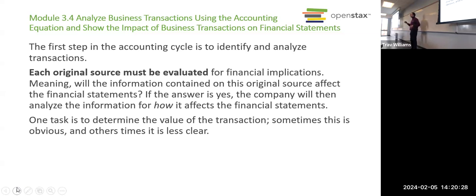So in that case, you have to take that information and put it into your accounting system and say, okay, this is how much we owe for electricity. When that happens, we call it an original source document. It's a time when something's written down and then that information gets passed to the accounting department, and the accounting department has to put it into their accounting records, okay?